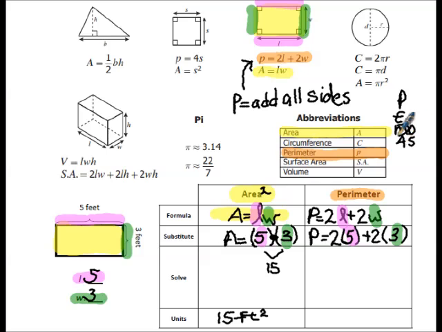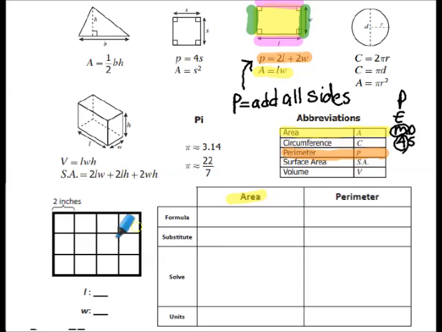We need to do all of the multiplication before we do the addition, so we can do both multiplications at the same time in only this case. 2 times 5 is 10, and 2 times 3 is 6, and 10 plus 6 is 16. And if I unwound the string that goes all the way around, I would have 16 feet of string. And I'm going all the way around that shape.